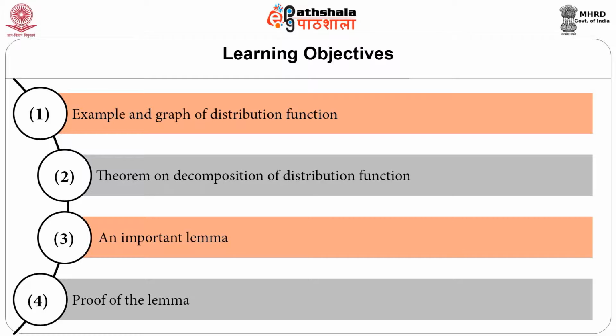By the term general manner, I want to emphasize that we can define a distribution function for a discrete random variable, and we can define a distribution function for an absolutely continuous random variable. But the question is, is it possible to represent any distribution function in some kind of unique, or rather unified way? So, today we are basically going to discuss this aspect of a distribution function.